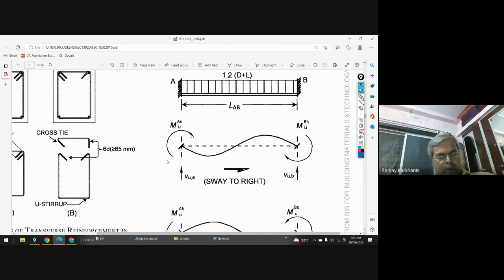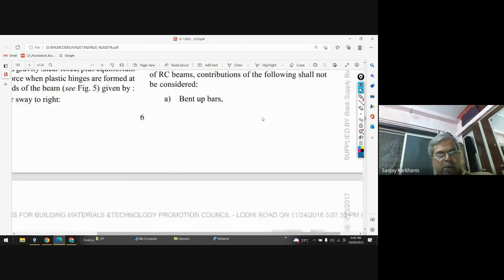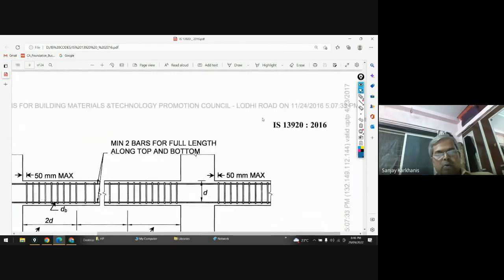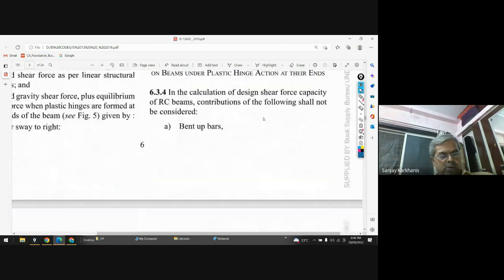So because of this moment, the beam is getting in a sagging position, and because of this, the beam is getting at hogging. So this is MAS means moment at A sagging, and this is hogging moment at B, and together it will be resisted by upward force, and that is the calculation that you will see over here somewhere. Where is that calculation?